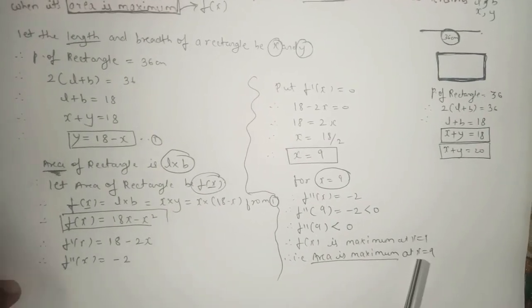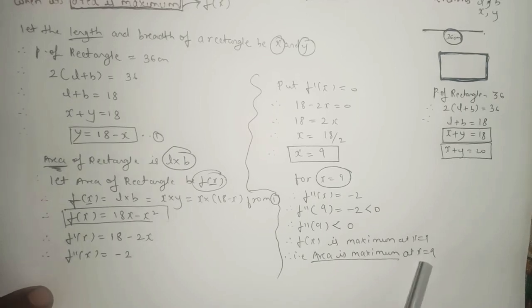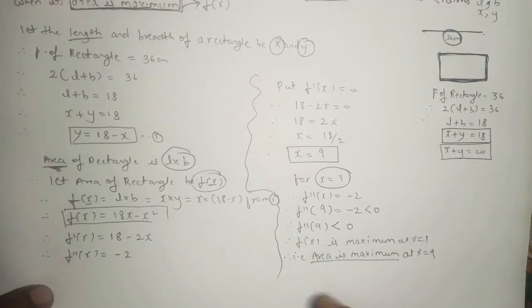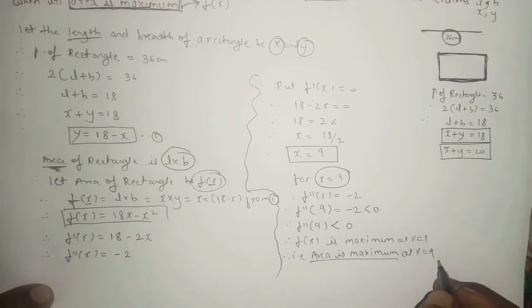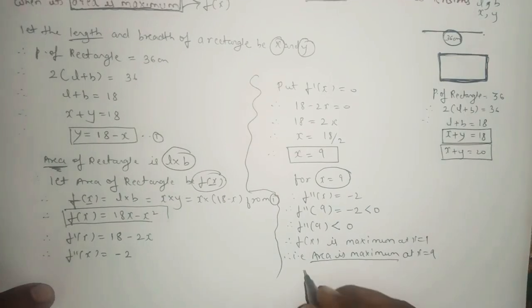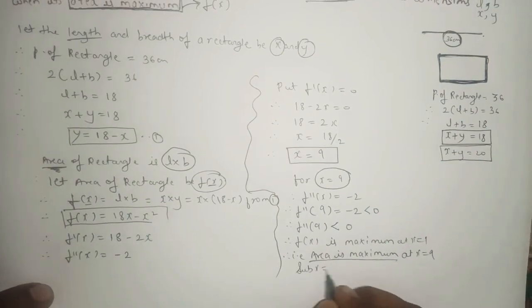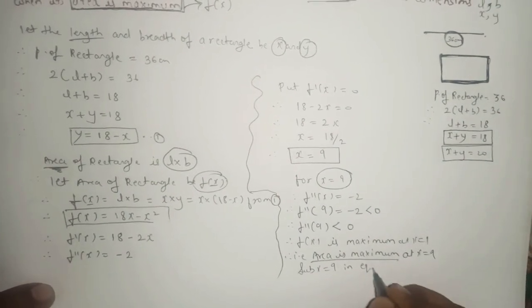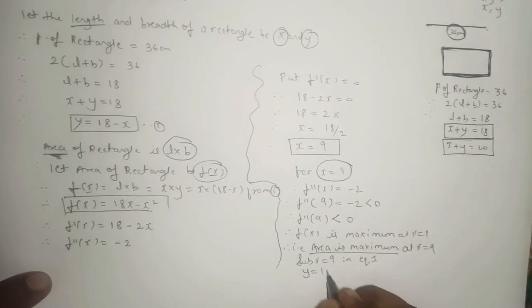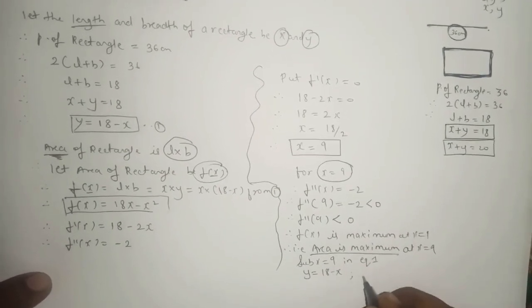So here we got the first value for x, we took x as length, so here we got the length as 9. Okay, so the second value you will get after substituting the value in the equation number 1. So we'll substitute x equals to 9 in equation number 1. The equation number 1 is y equals to 18 minus x.